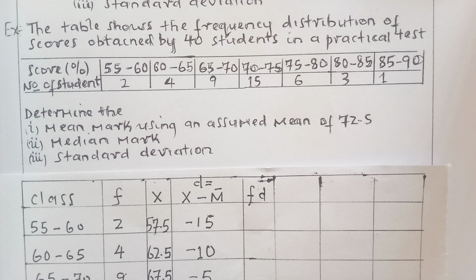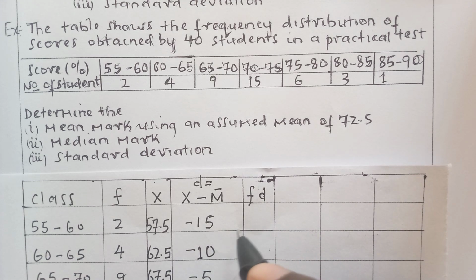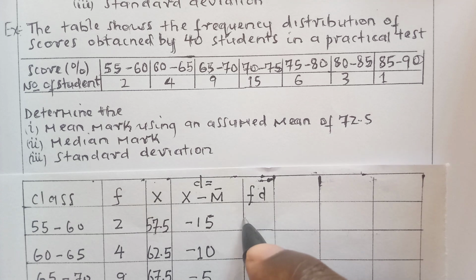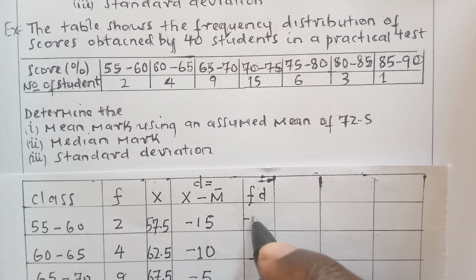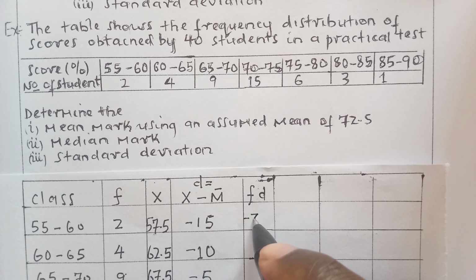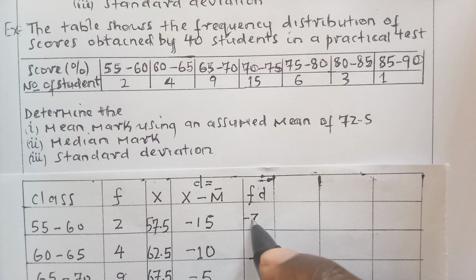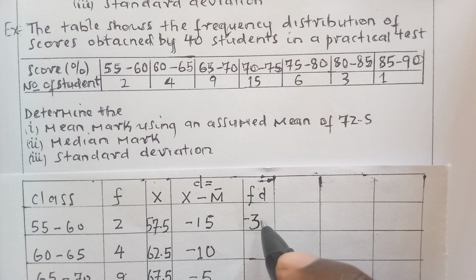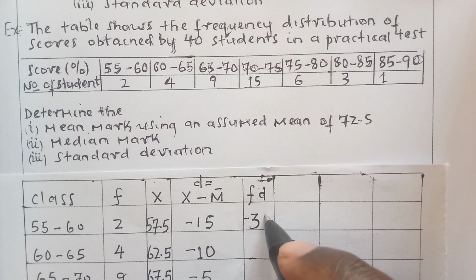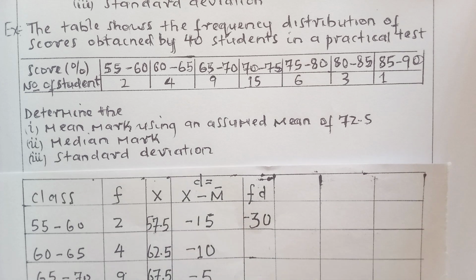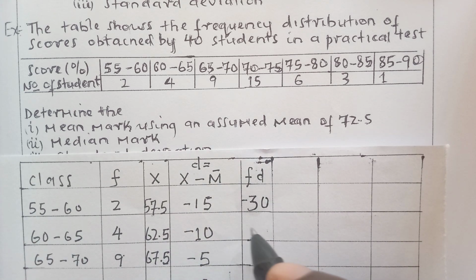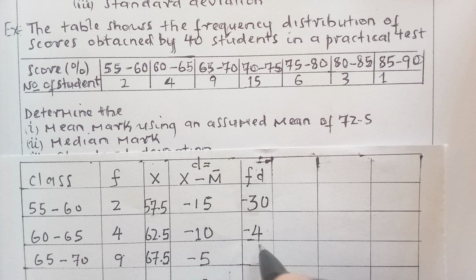So if we write there FD, we have 2 times negative 15, that is negative 30. That is the frequency multiplied by D.